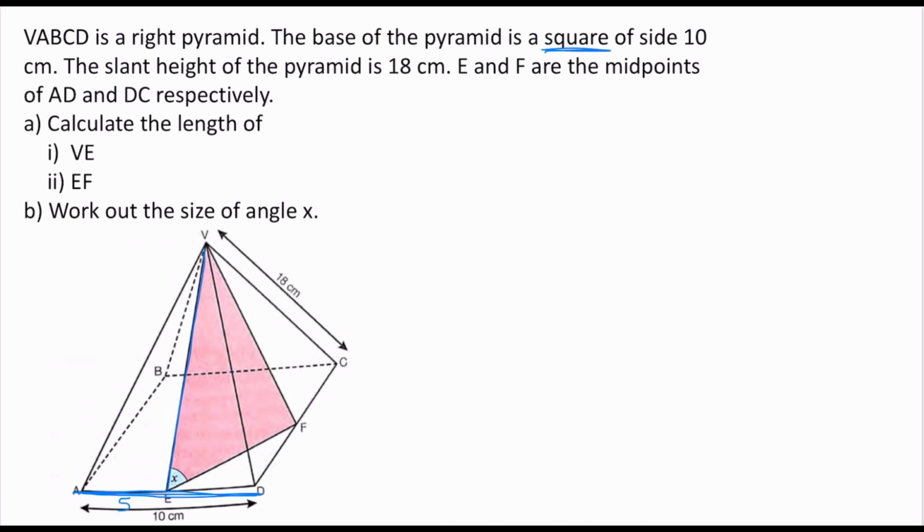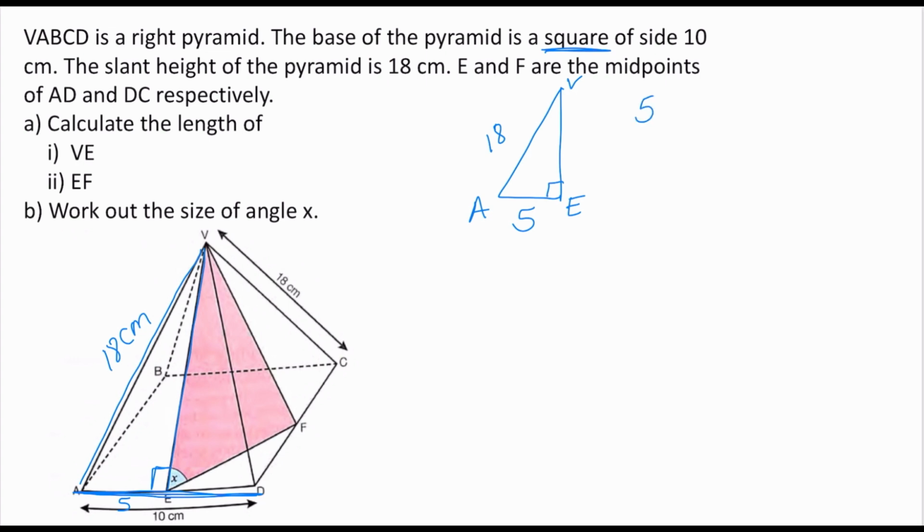The other thing we know is that all of these edges are going to be 18 centimeters. So what I have right now is a right triangle. I'm going to draw my right triangle where this is 18, this is 5, and this is VE, so this is VEA, and that's what I'm looking for.